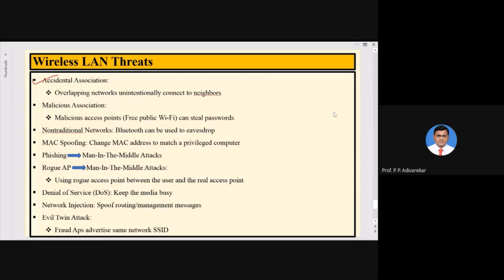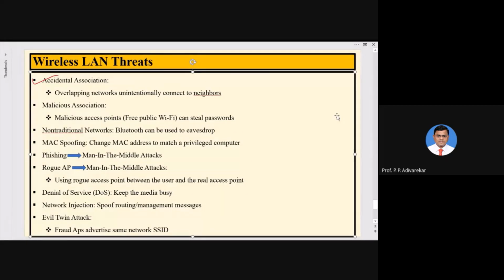If it is open system authentication, that can happen. This can be easily avoided by WEP or WPA. Both WEP and WPA are able to avoid this kind of unintentional attack.